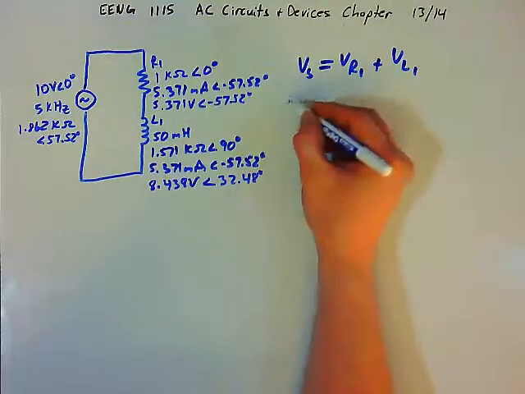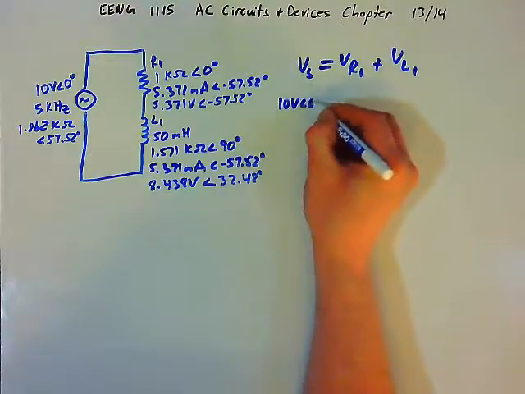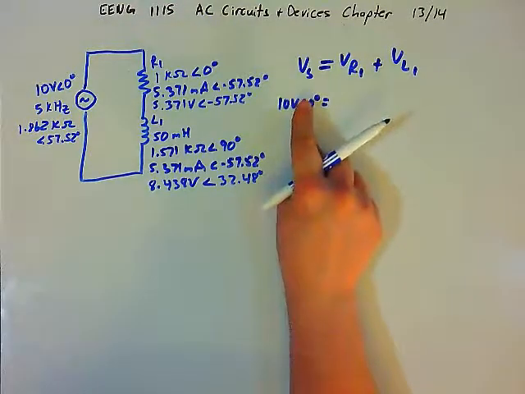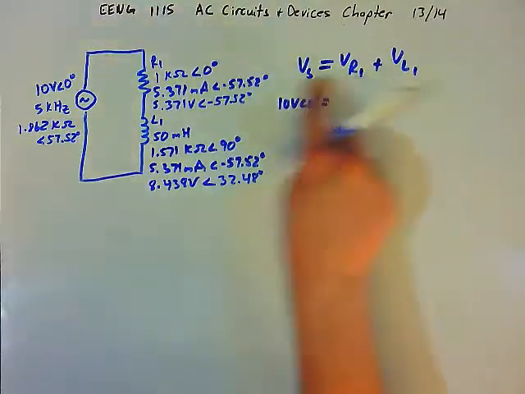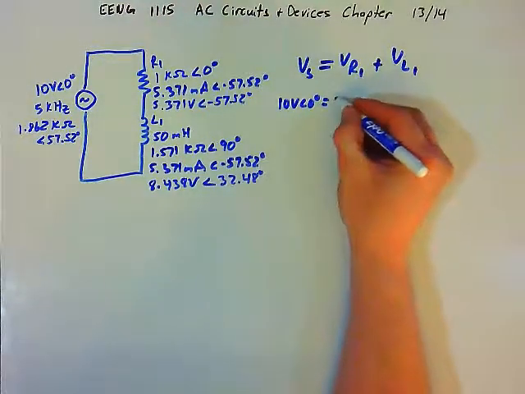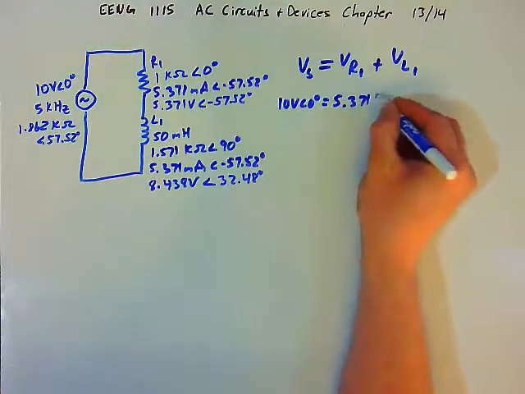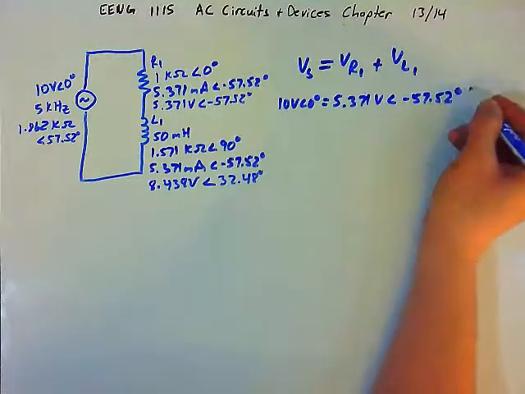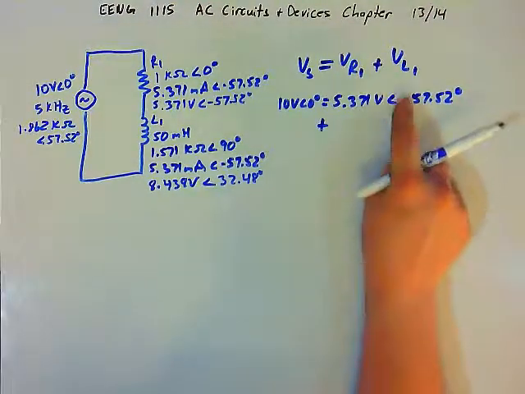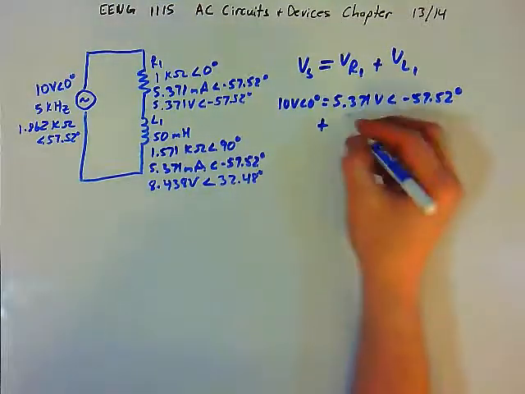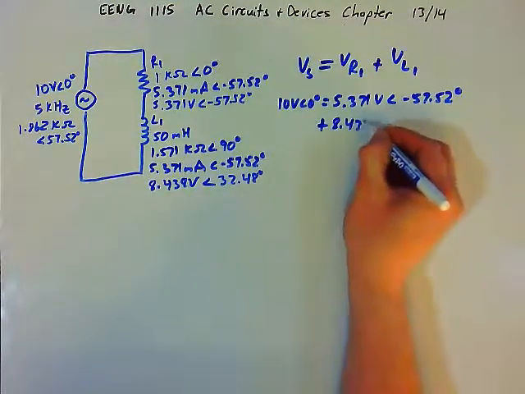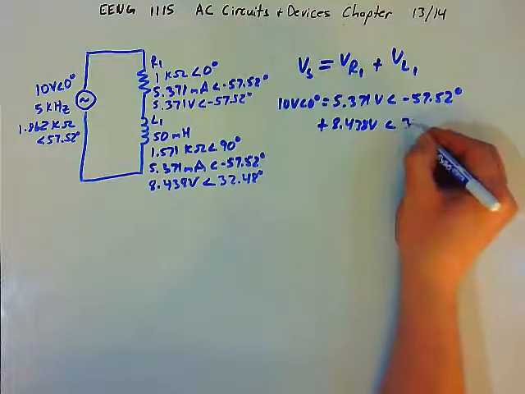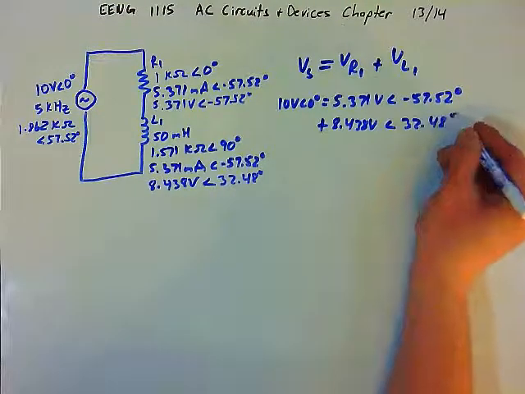We're saying that 10 volts at 0 degrees, which is the source voltage, must be equal to the voltage drop on the resistor, 5.371 volts at an angle of negative 57.52 degrees. And we'll be adding to that the voltage drop on the inductor, which is 8.438 volts at an angle of 32.48 degrees.